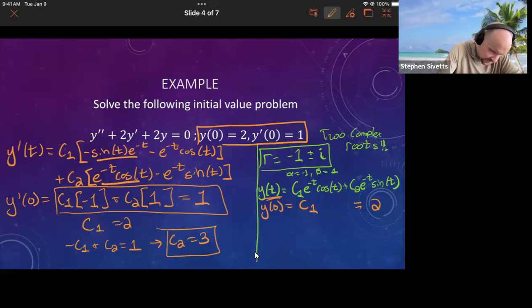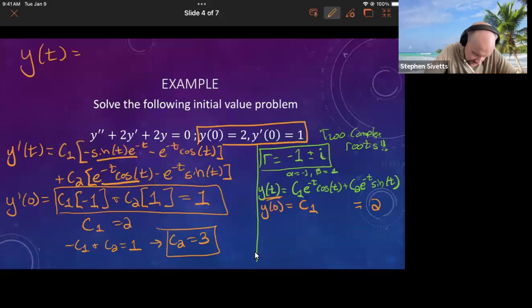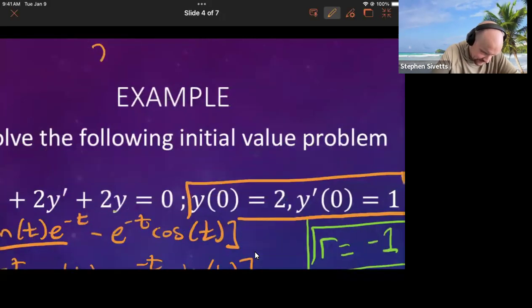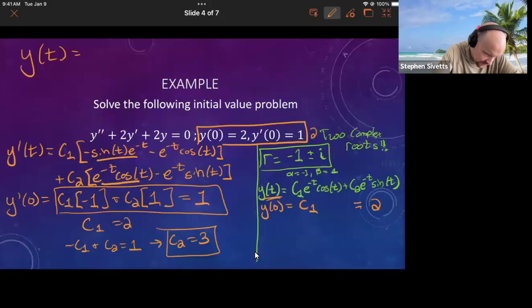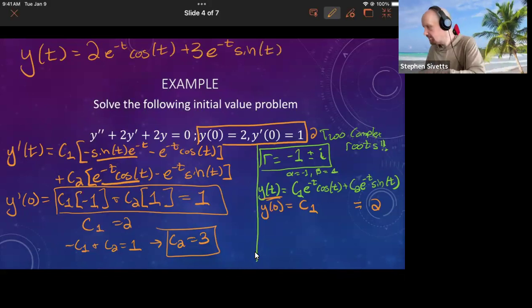And so therefore, the particular solution y of t would equal 2 times e to the minus t cosine t plus 3 e to the minus t times sine t.